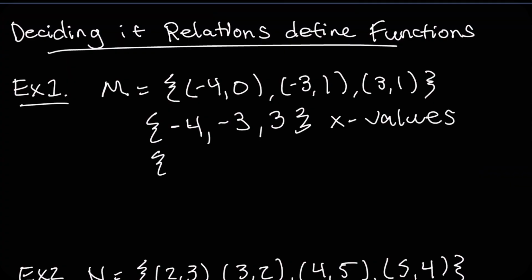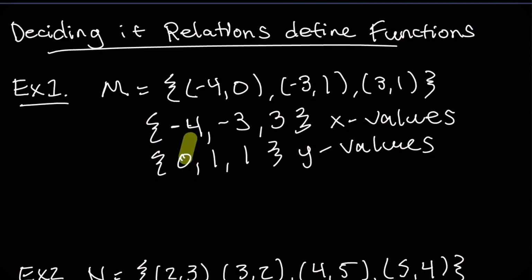We have a 0, a 1, and then finally another 1. And these will be our y values. And then we want to see what it's mapping to. So the -4 is going to map to the 0, -3 maps to the 1, and then the 3 maps to the 1. So we have an x assigned to each of the y's. So we'll go ahead and say that m is a function.